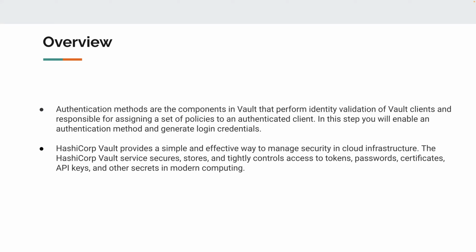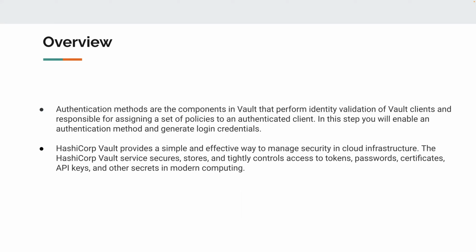It provides identity validation to your Vault clients and does the policy alignment with the authenticated client. So let's suppose your client has certain policies. It gets authenticated and validated first, and then the policy gets attached to the specific login client.